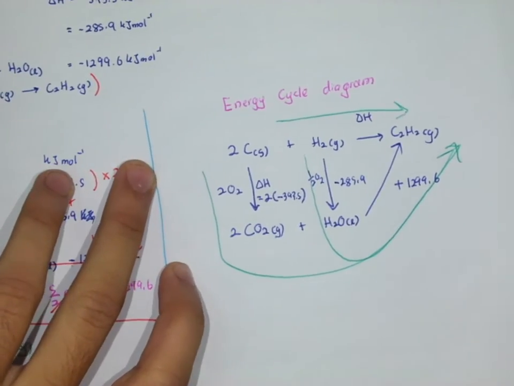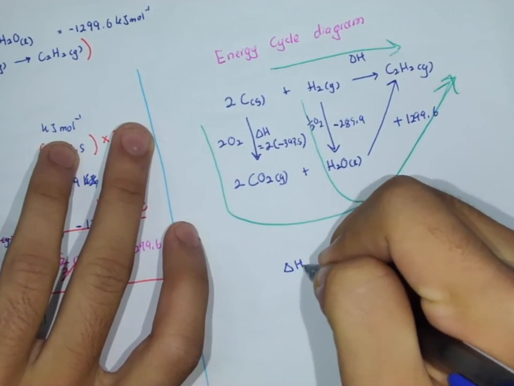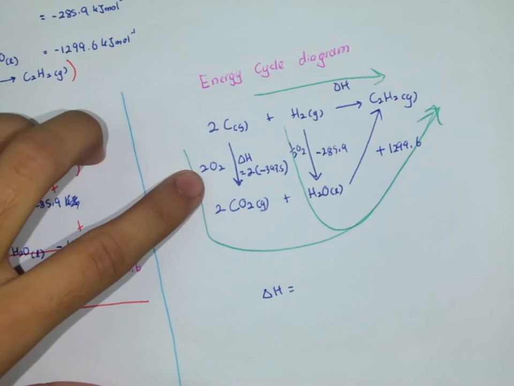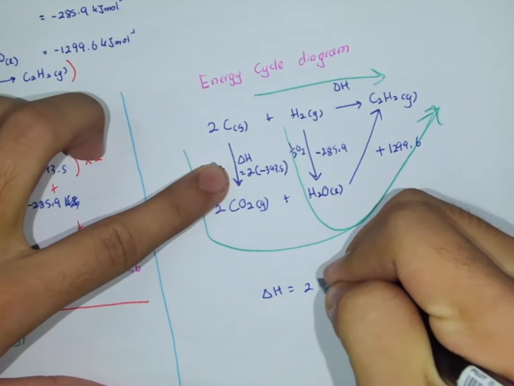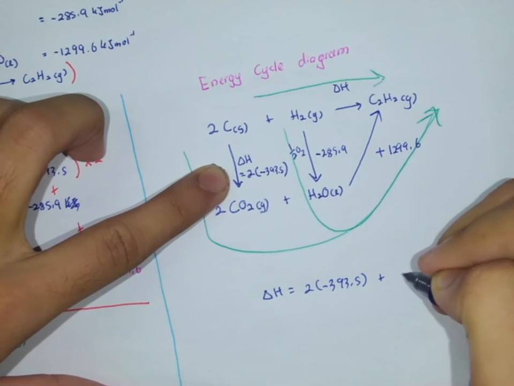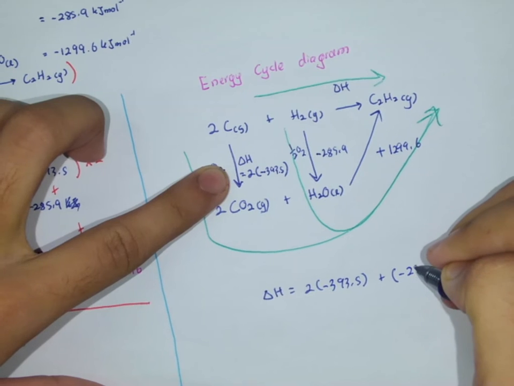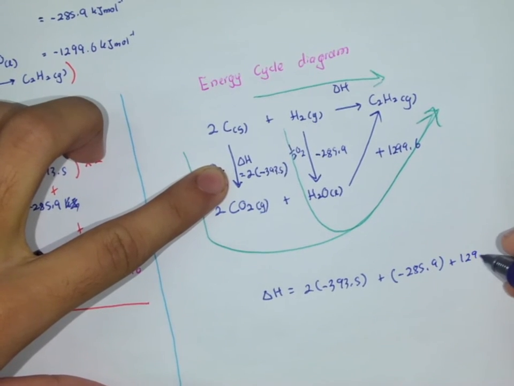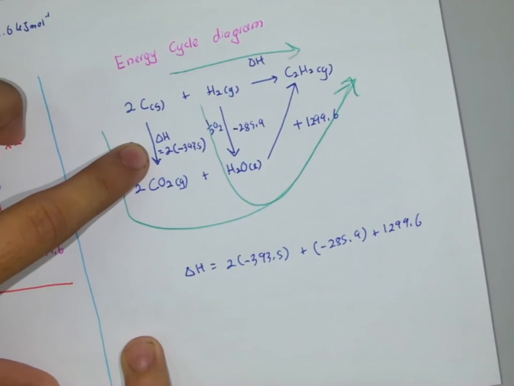Alright, so your delta H is equivalent to step yang lain lah. So ini, so 2 times negative 393.5 plus negative 285.9 plus 1299.6. That is your delta H.